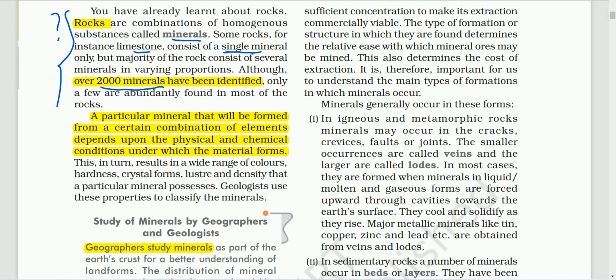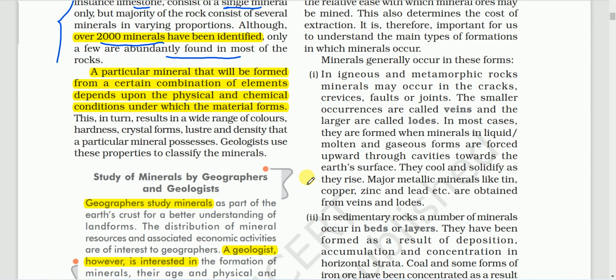Out of these, only a few are abundantly found in most of the rocks, and we use only a few of them. Next, we have the important properties of minerals in this paragraph. A particular mineral formed from a certain combination of elements depends upon the physical and chemical conditions under which the material forms.